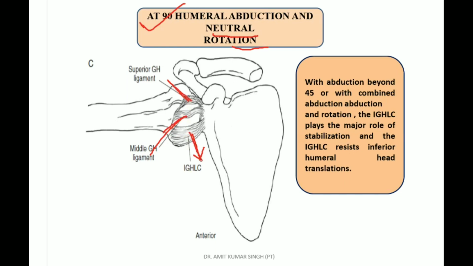Now the role is going to be done by the inferior ligament. So with abduction beyond 45 degrees, with combined abduction, adduction and rotation, the IGHLC, the inferior glenohumeral ligament complex, plays the major role of stabilization and resists inferior humeral head translation.